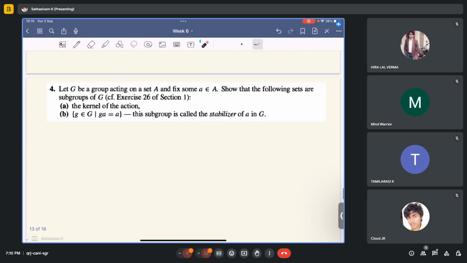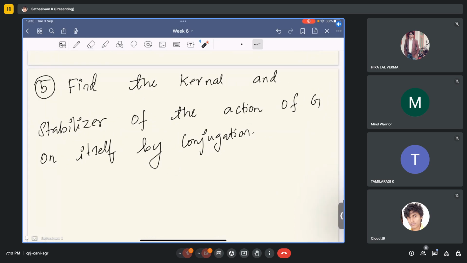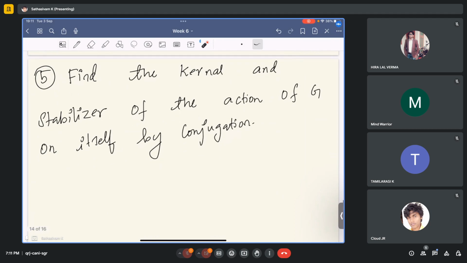This question basically says prove that the kernel and stabilizer are subgroups, but we will come back to that later. Let's compute some kernels and stabilizers so that you get the idea of how they look. Here the question is to find the kernel and the stabilizer of the action of G on itself by conjugation.